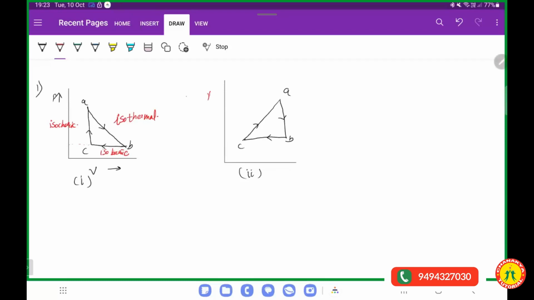This is your pressure and temperature. From this one, I can draw this graph as isothermal graph as this one. Pressure and temperature graph.